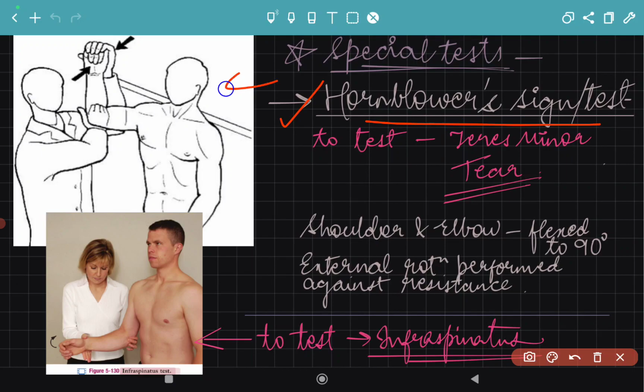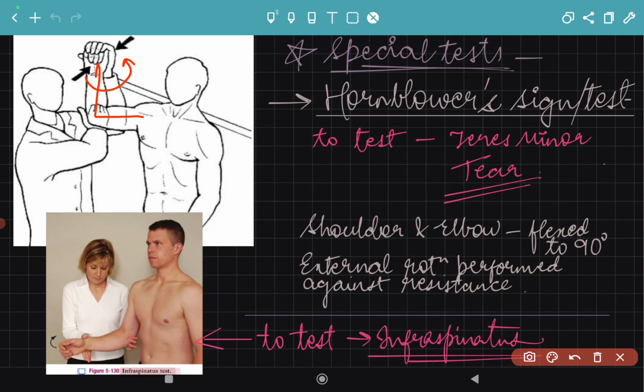We can see here in this diagram for Hornblower's sign or test. The patient's shoulder is flexed to 90 degrees and the elbow is also flexed to 90 degrees. In this position, the patient is asked to perform external rotation, which is resisted by the therapist.